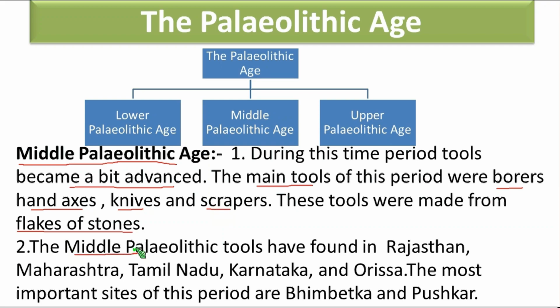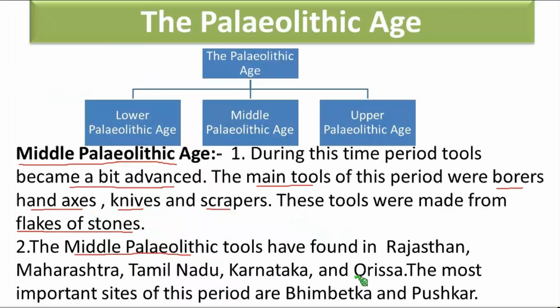The Middle Paleolithic tools have also been found in different parts of the country, like Rajasthan, Maharashtra, Tamil Nadu, Karnataka, and Orissa. These are some important sites of Middle Paleolithic Age.